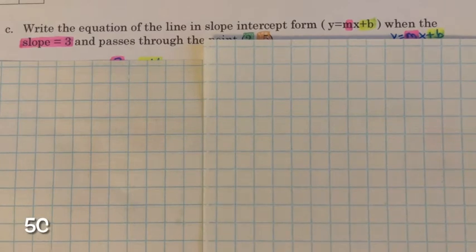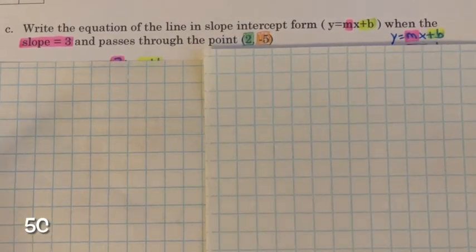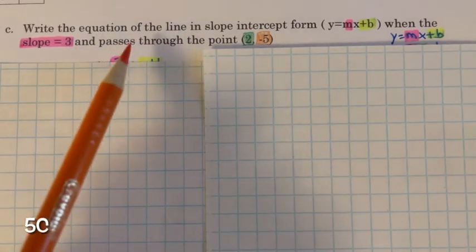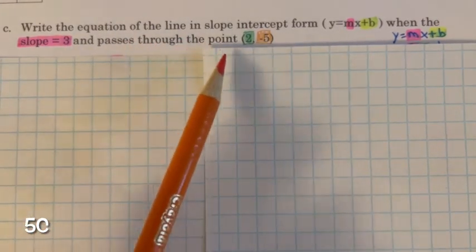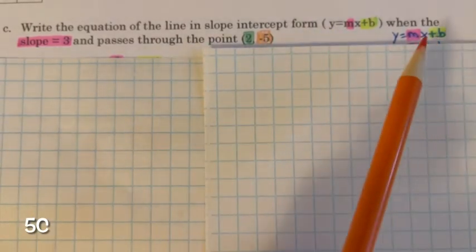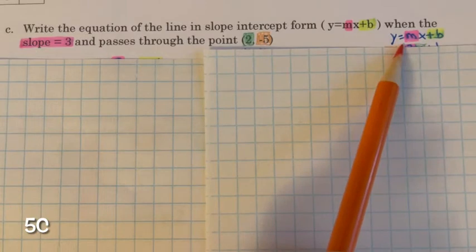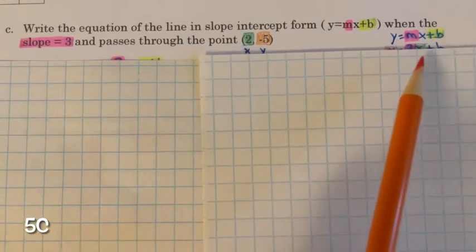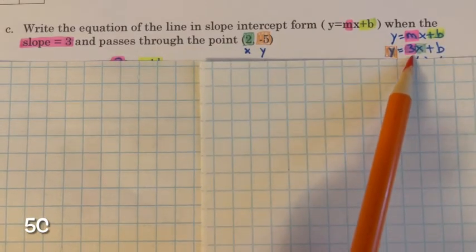Problem 5c, write the equation of the line in slope-intercept form, y equals mx plus b, when the slope equals 3 and passes through the point 2, -5. So we want to put it in slope-intercept form, y equals mx plus b. What was given to us is the slope, 3.